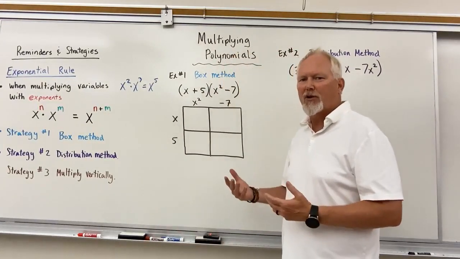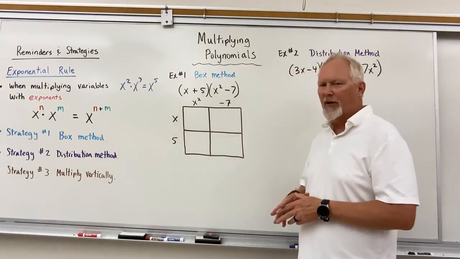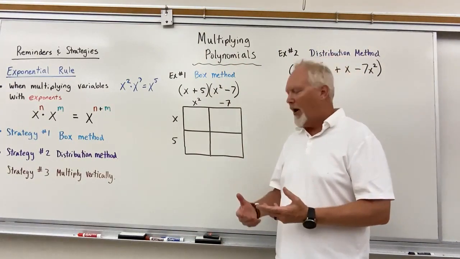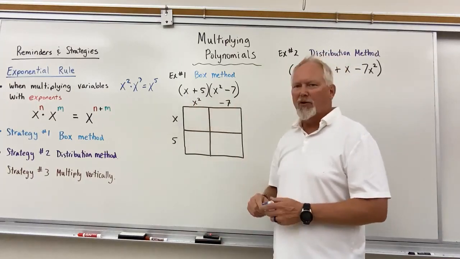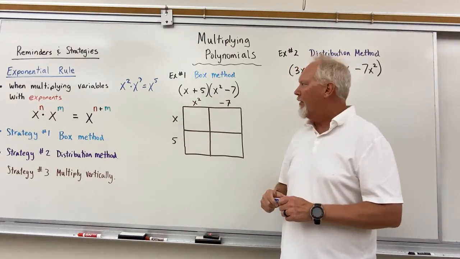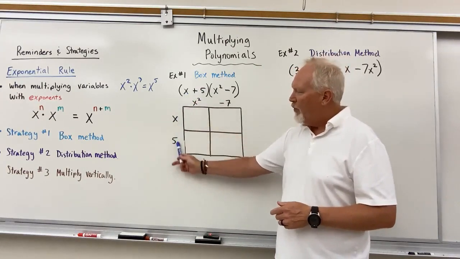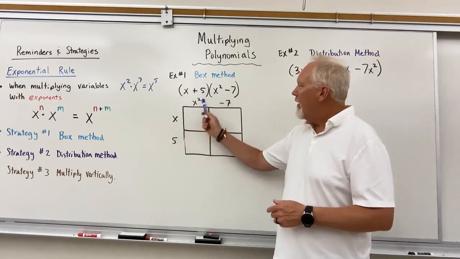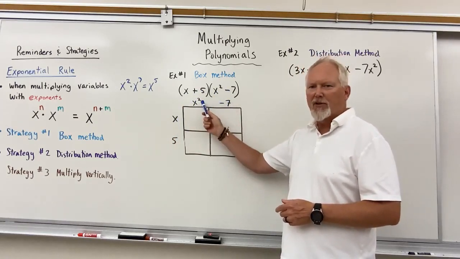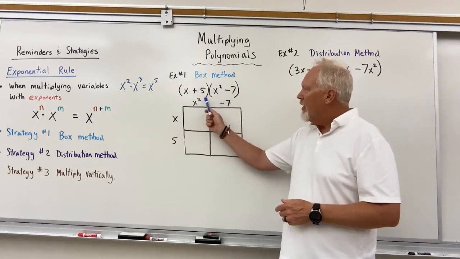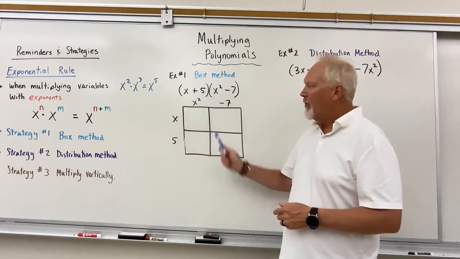Okay, so the first method we have to offer here tonight is the box method. What we do in the box method is I've got these two binomials that are looking to be multiplied together, and I've already laid them out. x plus 5 we could put here vertically, and x squared minus 7 we put here horizontally, so that each monomial has a separate box.